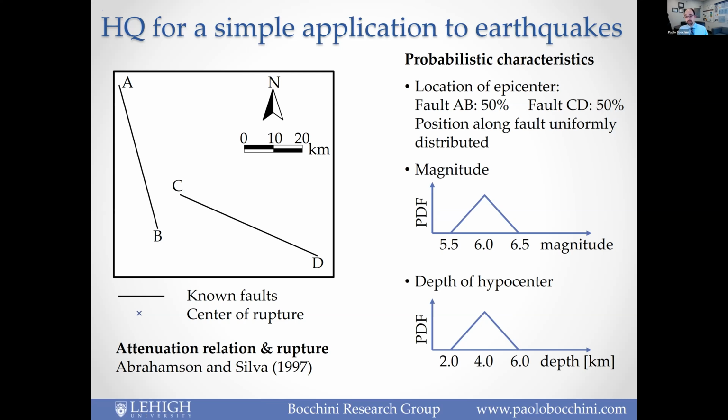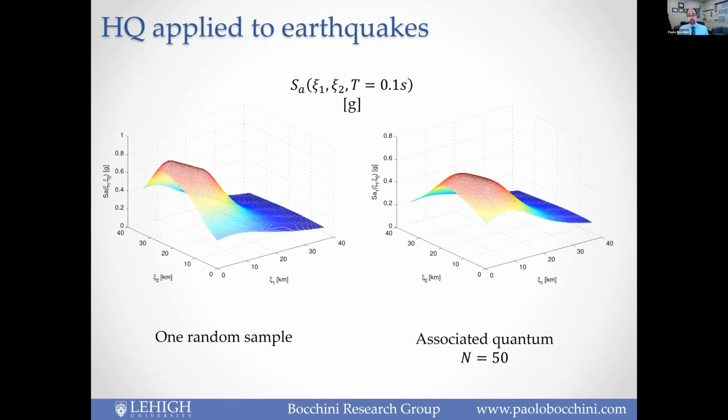And these are some examples of its application. This is just a demonstration. Here we took a region, a very unlucky region, with two huge faults, and we randomized the location, the magnitude, and the depth of the hypocenter for an earthquake. And then we studied how the intensity measure maps can occur in this region, given that an earthquake happens.